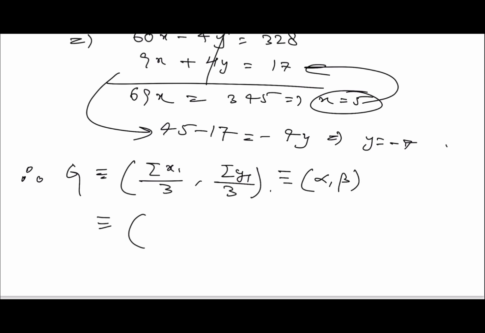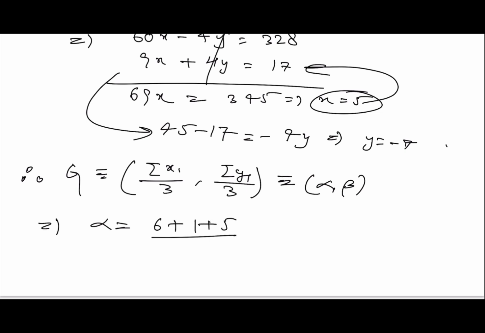So alpha is equal to 6 plus 1 plus 5 upon 3, which is 4, and beta is 8 plus 2 minus 7 by 3, which is 1.